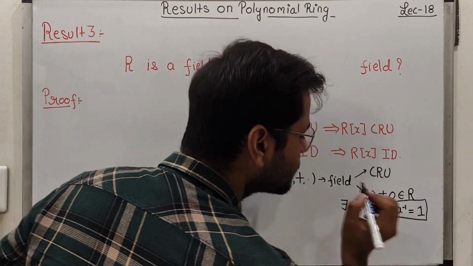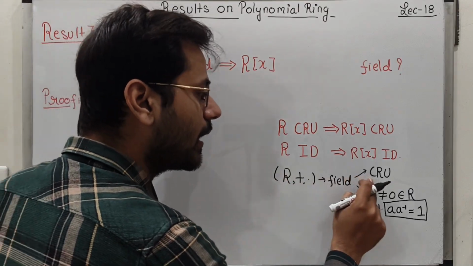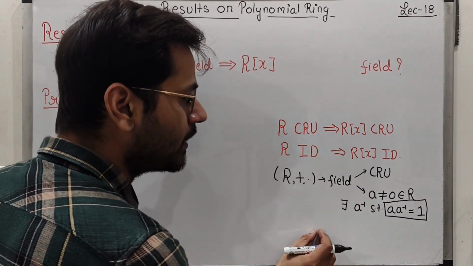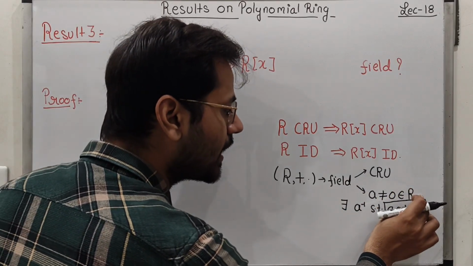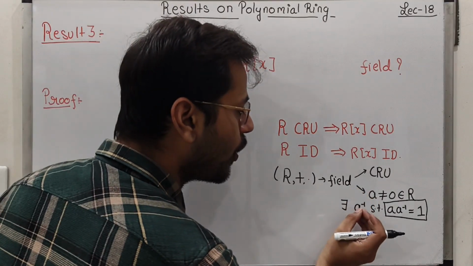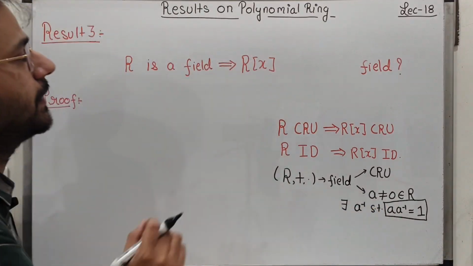Basically, for a structure to be a field, it must be a commutative ring with unity, and every non-zero element belonging to set R has a multiplicative inverse. Means when we operate that element with its multiplicative inverse, we get the unity element.